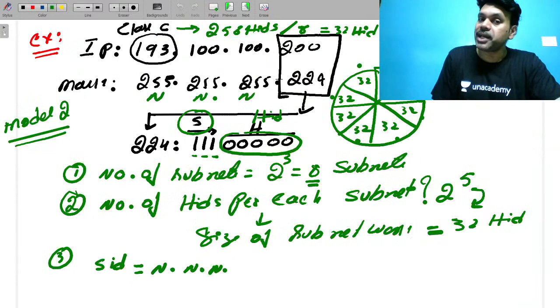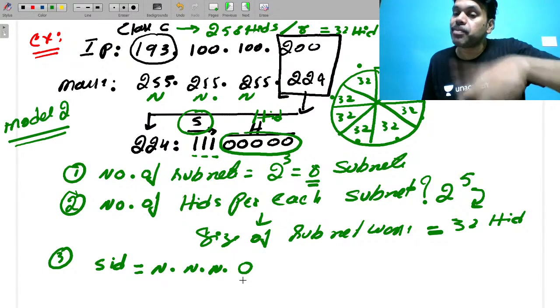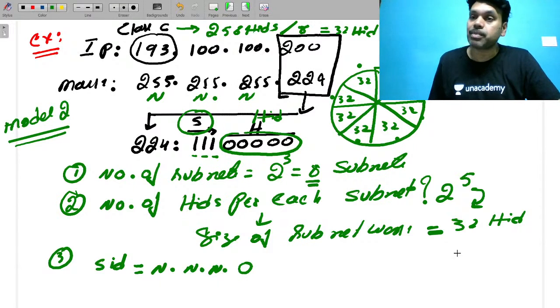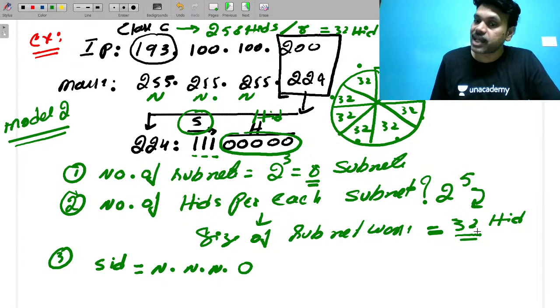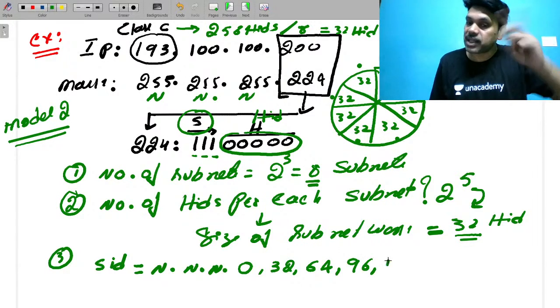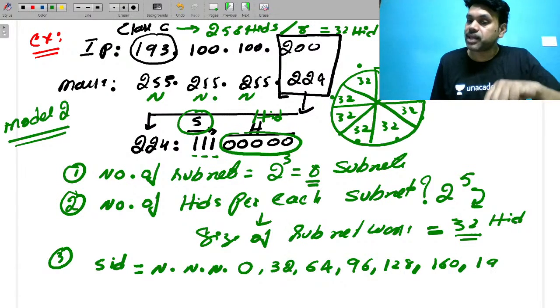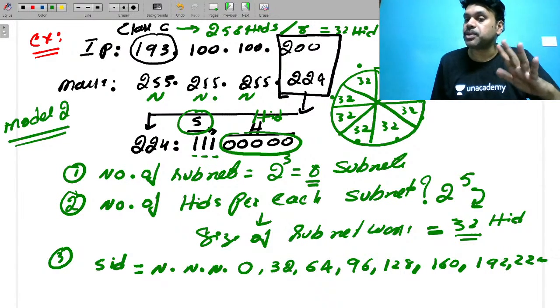And what is the next subnet? Just add your block size or subnet size. Your subnet size is 32. Therefore, plus 32, and plus 32, and plus 32, and plus 32, and plus 32, and plus 32, and plus 32. That's it.